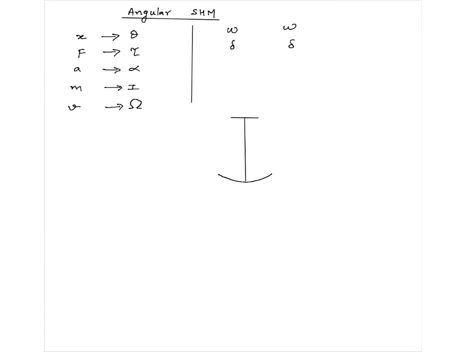And then all other things work out very easily. Force is minus kx there in linear SHM, and torque is minus k theta here. Minus sign just shows that if theta tries to increase from the mean position, torque tries to decrease it.